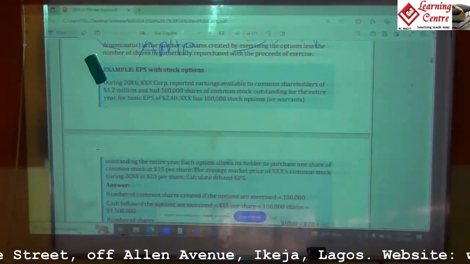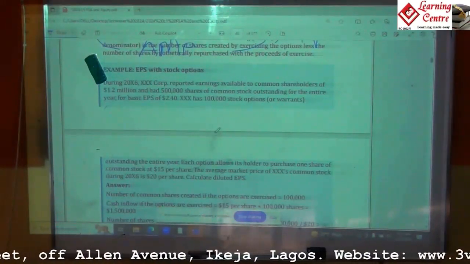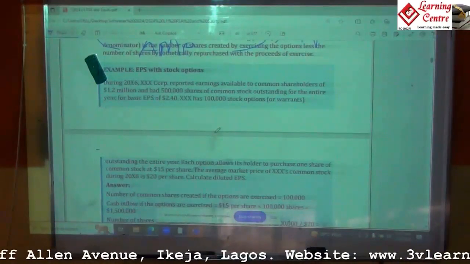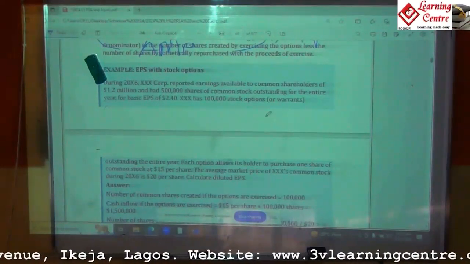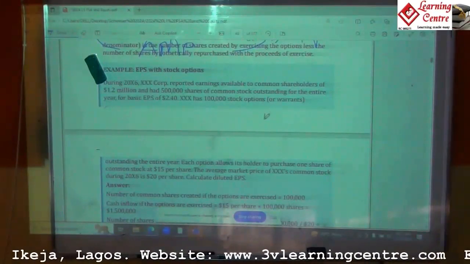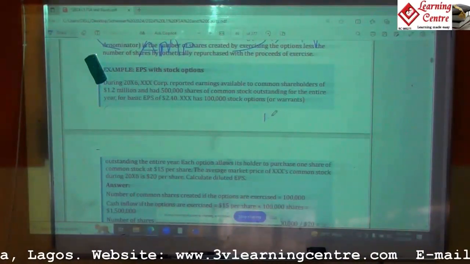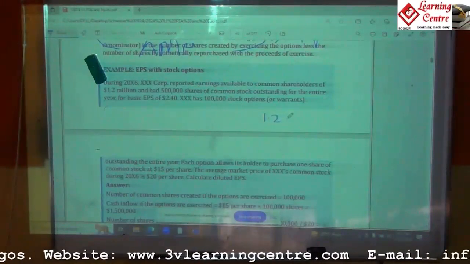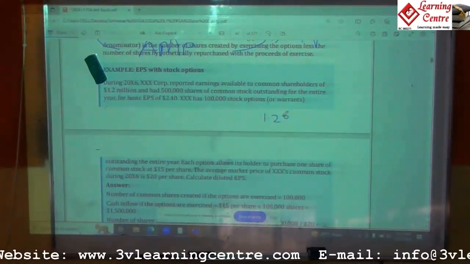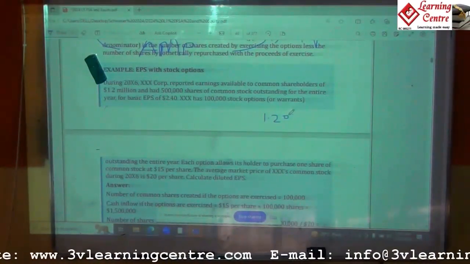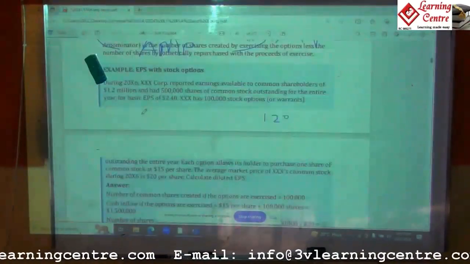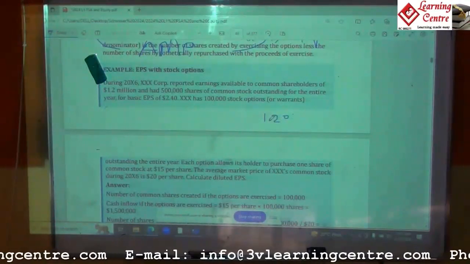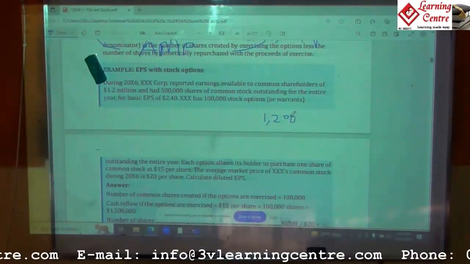So let's go. What is our diluted earnings per share? What is our earnings? Our earnings is 1.2. We are calculating with 1.2.